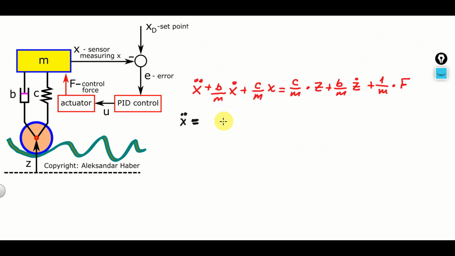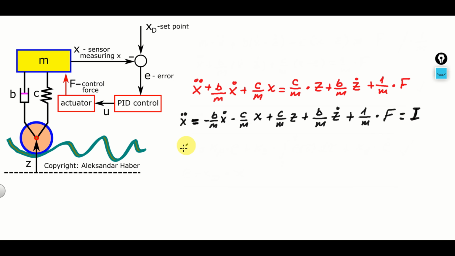And on the right hand side of this equation, we will have minus b over m x dot minus c over m x plus c over m z plus b over m z dot plus 1 over m multiplying the force F. And let's call this right hand side I.